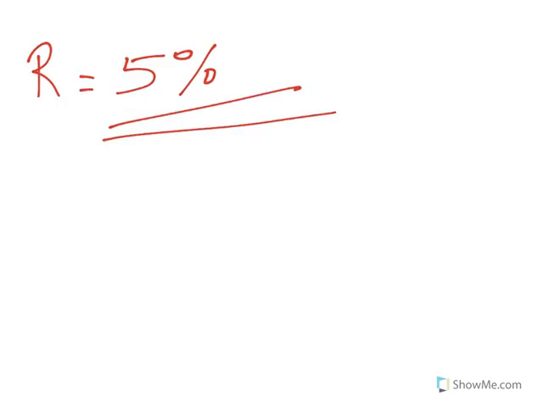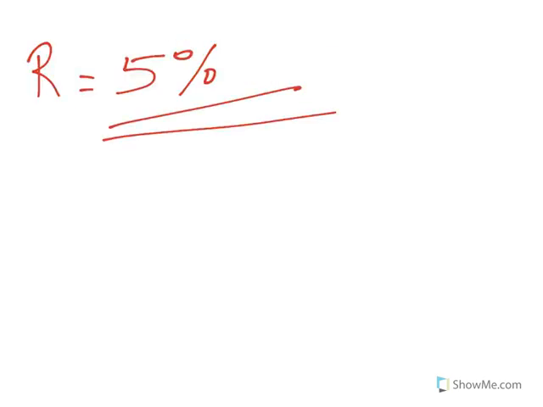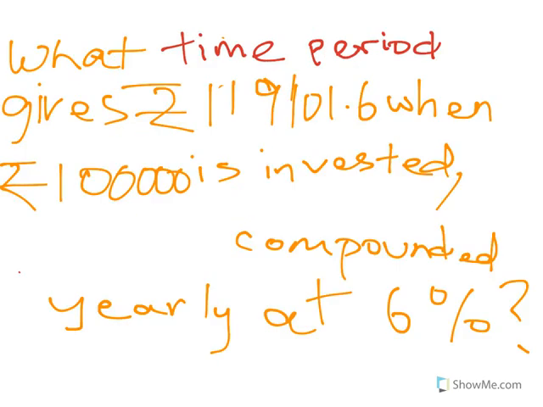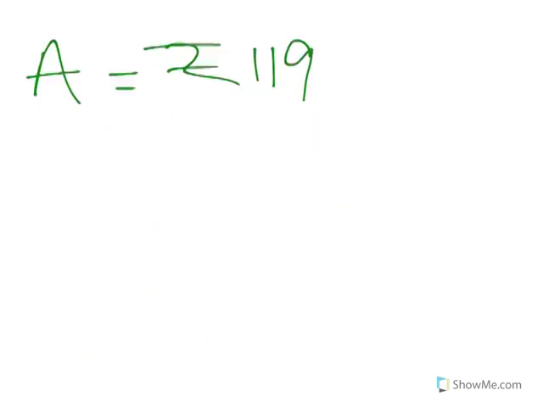Okay, so let's find an empty page and start. The first step is that we know what the amount is. It's going to be 119,101.6. That's what I have.